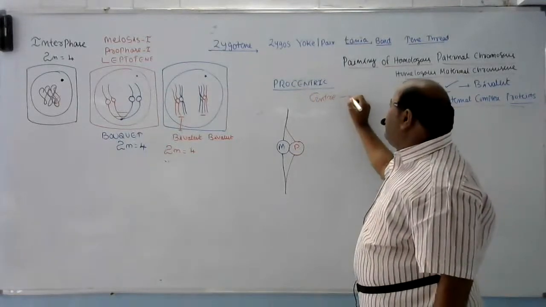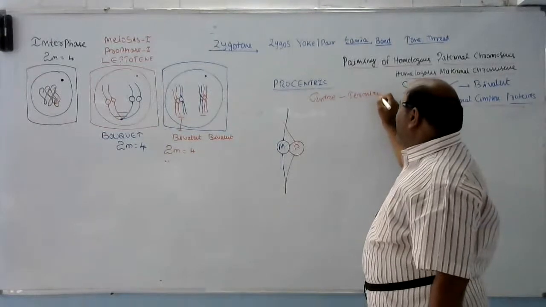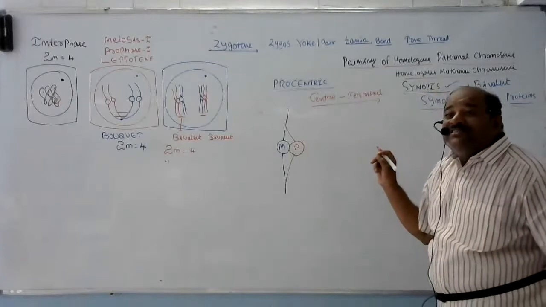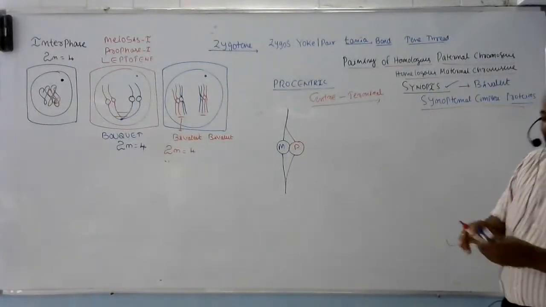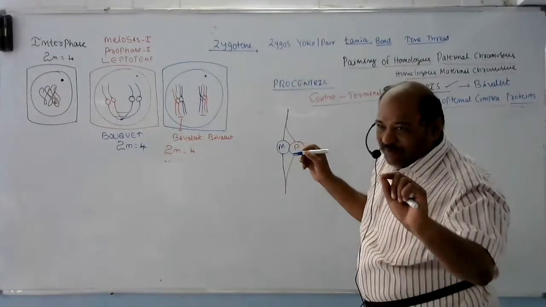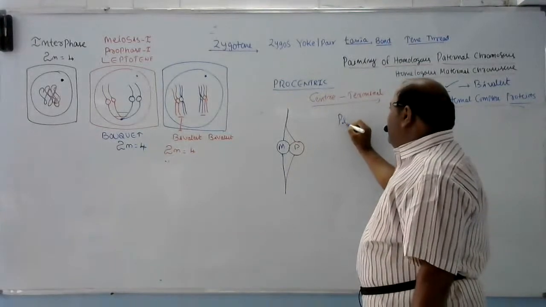The process goes from the center to the last region, and that is called procentric. Observe the diagram, and don't get confused. Almost all of it seems the same, but you have to notice the starting point of pairing.